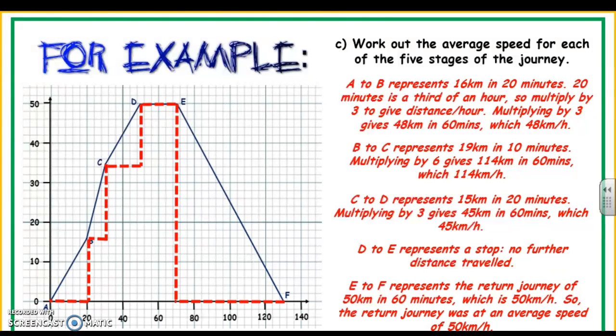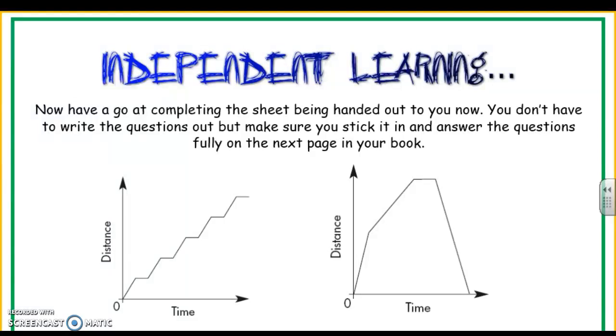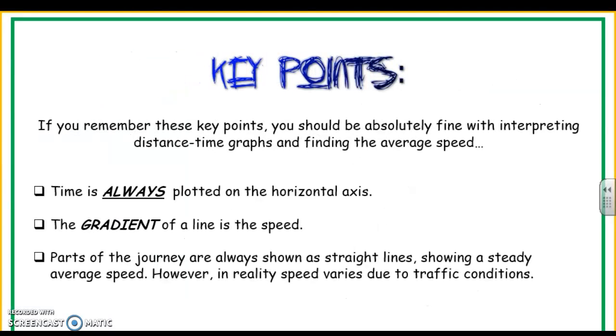That comes into the idea of speed versus velocity, which is a really fun and interesting science topic that your science teacher will teach you about. It comes into vectors and all those sorts of things. Anyway, parts of the journey are always shown as straight lines, showing a steady average speed.